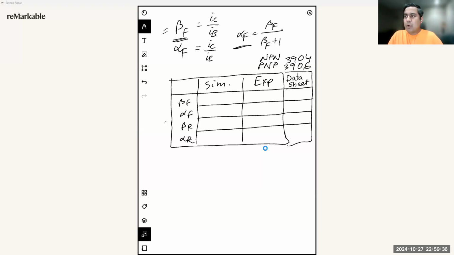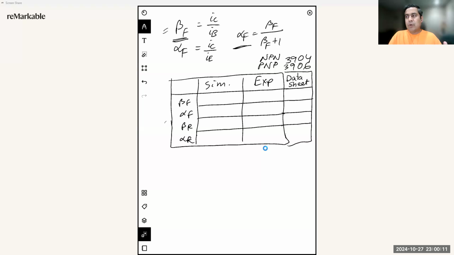So in terms of plots, we basically need two plots: the base current versus base emitter voltage, and the collector current versus the collector emitter voltage. In the report, you include all the simulated and the experimental plots together. For the IB VBE plot, you simulated it and you also experimentally gathered the data, so plot those two together in one graph.